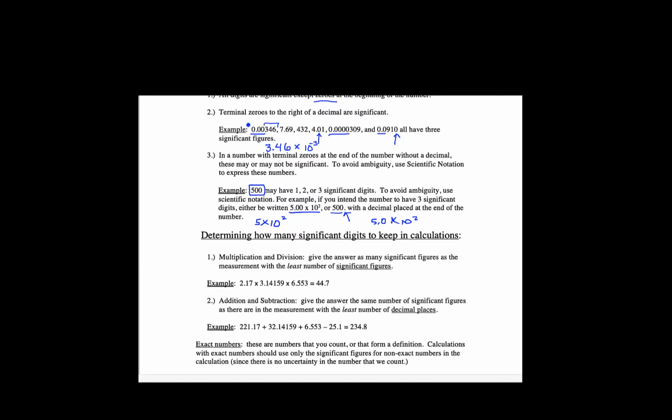So notice that those 2 leading zeros after the decimal place and also the one to the left of the decimal, they all disappear when you write this number in scientific notation. So this is one of the ways that you can know that some numbers are significant or aren't, is to try writing them in scientific notation.